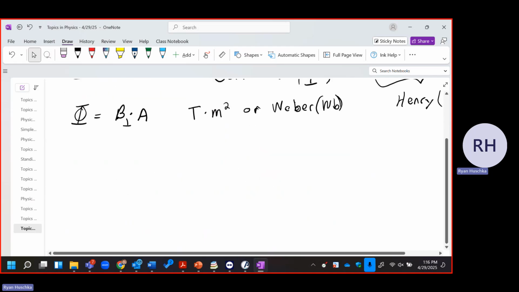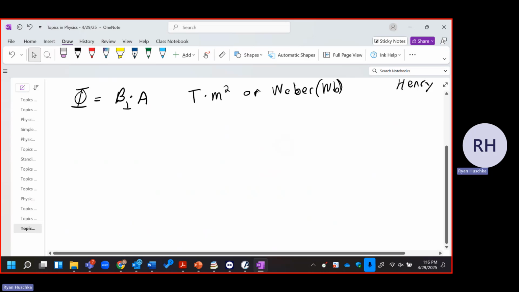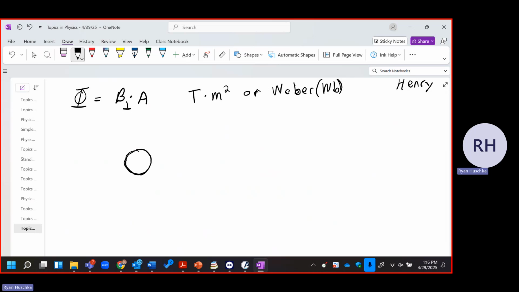I need a little picture though, to think of what the heck's going on here. So we're going to look at the following. Let's say that you took a coil of wire. Okay. And if you wanted to, you could go around and around and around a couple times and say I have N number of coils of wire.